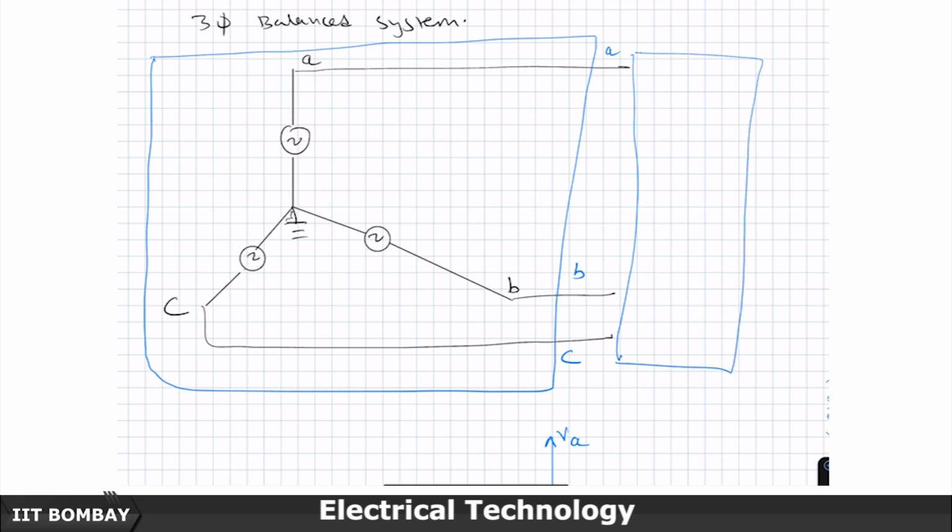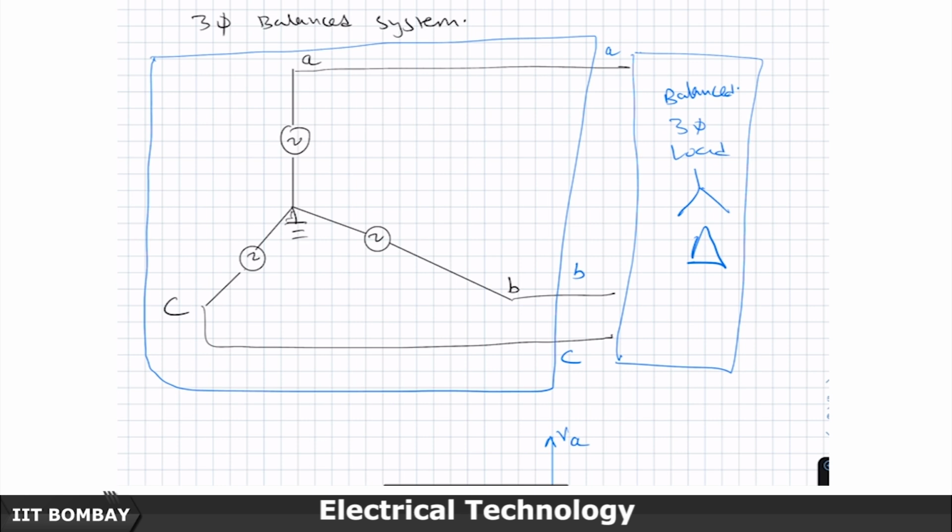to a 3-phase load, could be an induction motor, could be impedances connected in star or in delta, but it is a balanced 3-phase load.